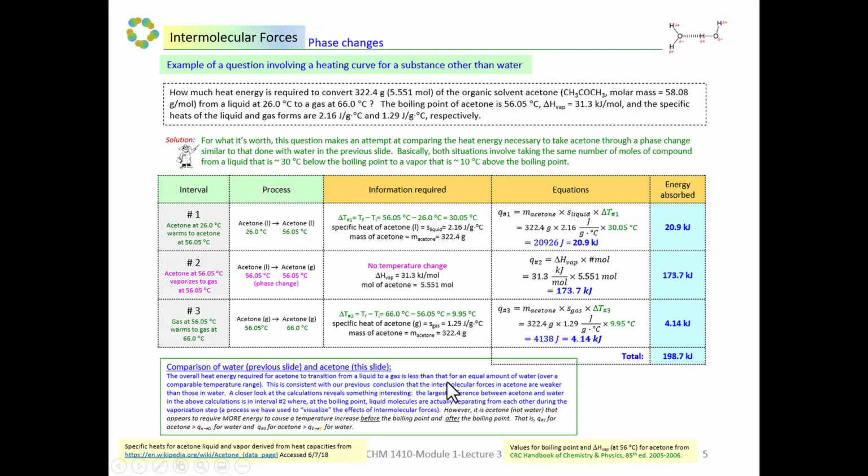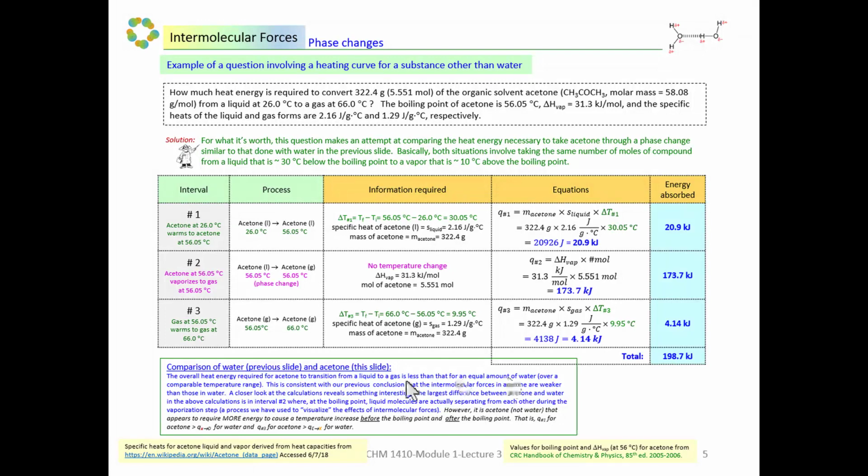Now let's compare water from the previous slide and acetone on this slide. Now the overall heat energy required for acetone to transition from a liquid to a gas in a comparable temperature range is less than for an equal amount, meaning equal number of moles, of water.